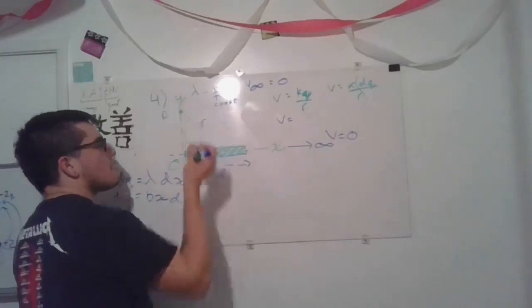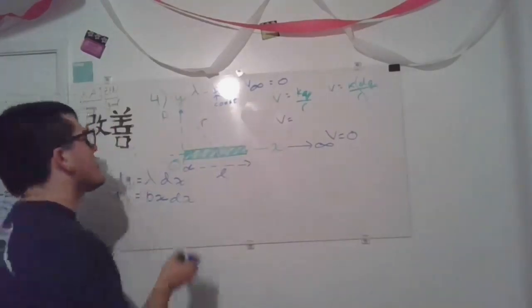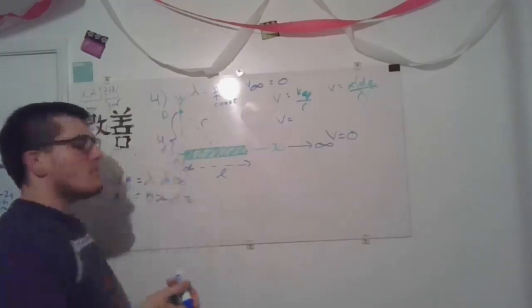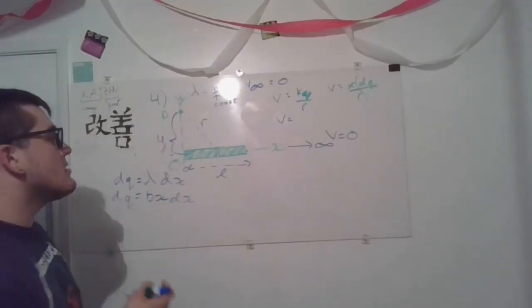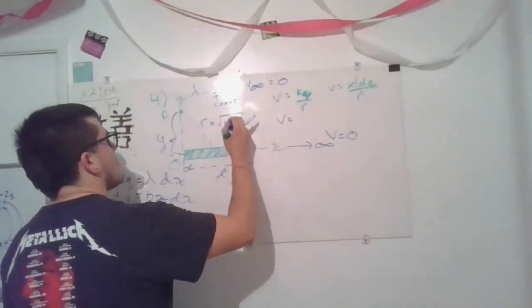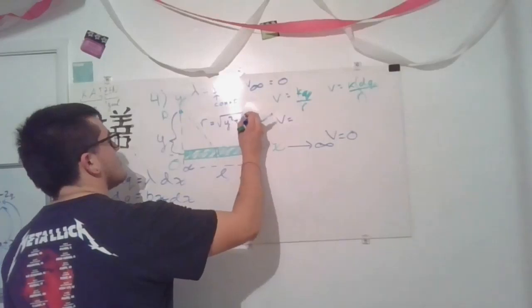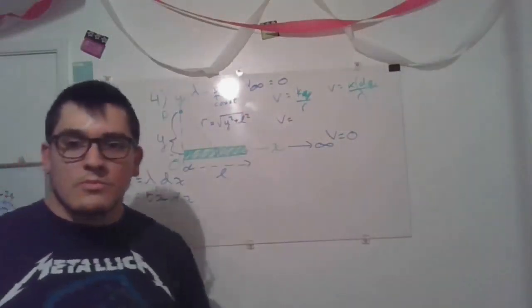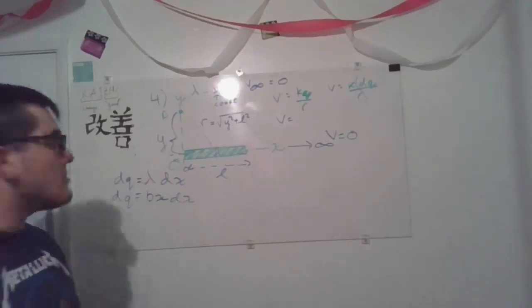Is this r? That's going to be r. This you can call y if you want. You can call it anything else, but I'll call it y here. So r is going to be the square root of y squared plus L squared, right? Or x squared plus L squared, that works just as fine.